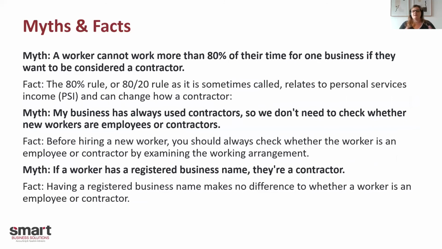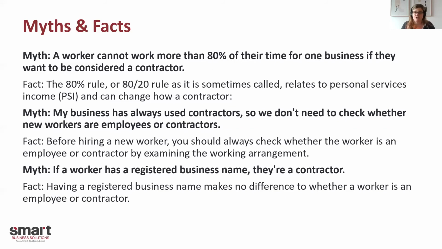There we go. A worker cannot be more than 80% of their time for one business if they want to be considered a contractor. The 80% rule, or 80-20 as we sometimes call it, relates to personal services income and can change how a contractor reports their income on their tax return and claims business-like deductions.